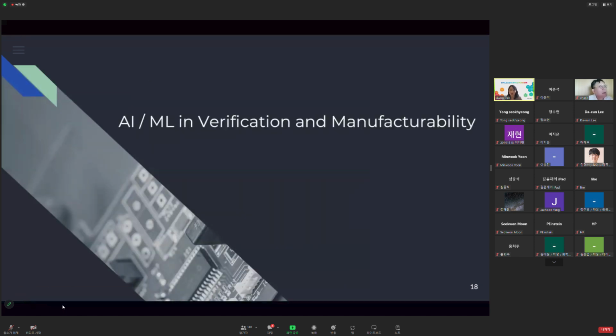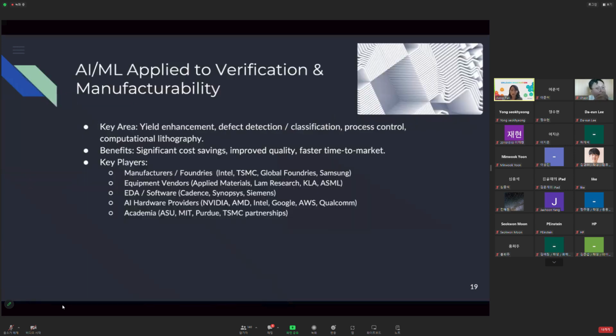And verification and manufacturability, I will just go quickly. Since we already covered this in the challenges and benefits of adopting AI and ML for EDA, the key area is, of course, yield enhancement. Yield means, let's say you have a wafer that has 100 chips.